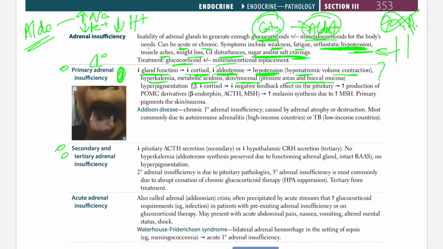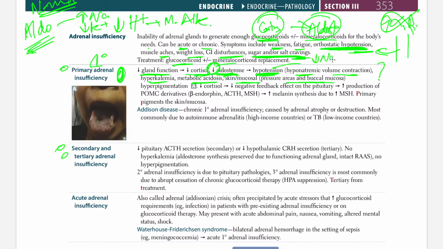And with that, when you dump the hydrogen ions, it's going to cause metabolic alkalosis, and this is normal. Normally, aldosterone is doing this, causing metabolic alkalosis. Now, when we have low aldosterone, you will lose your sodium.